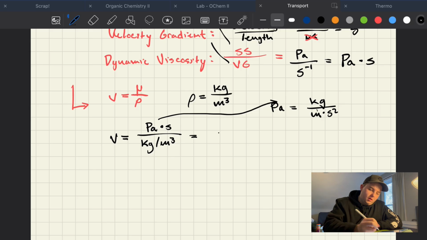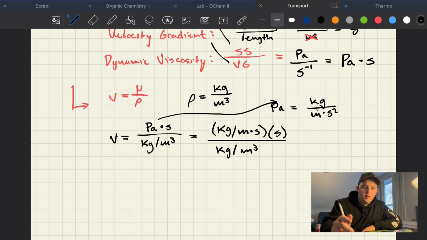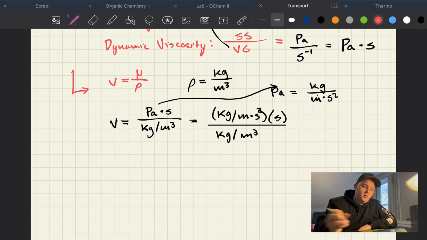So we get kilograms per meter second, times seconds, over kilograms per meter cubed. Now all we have to do is some rearranging of the units. When we cancel, the kilograms cancel, and one of these seconds goes away.